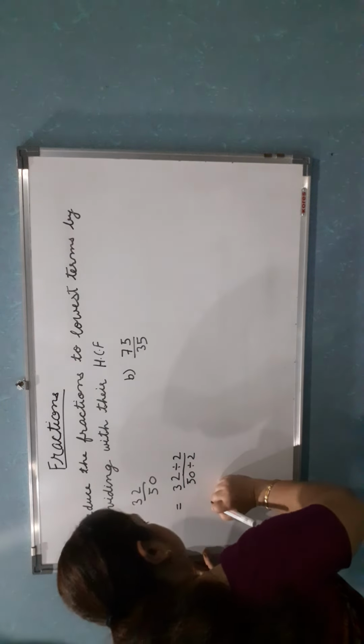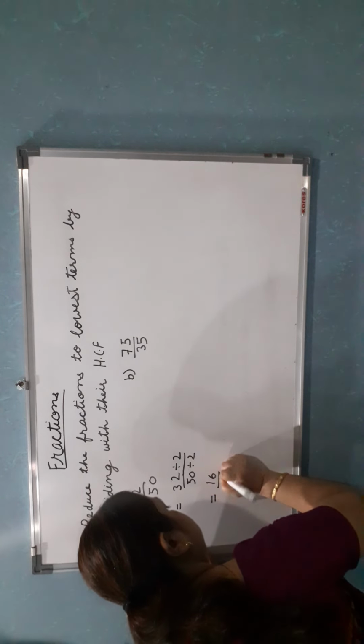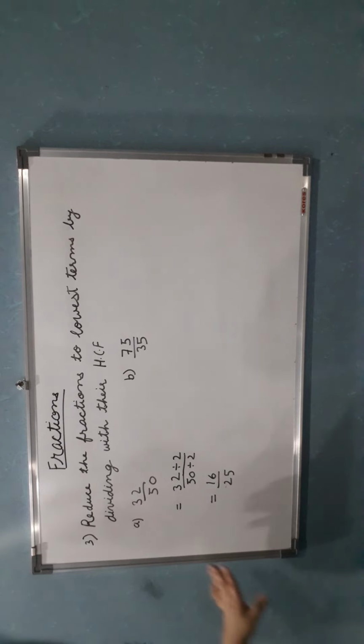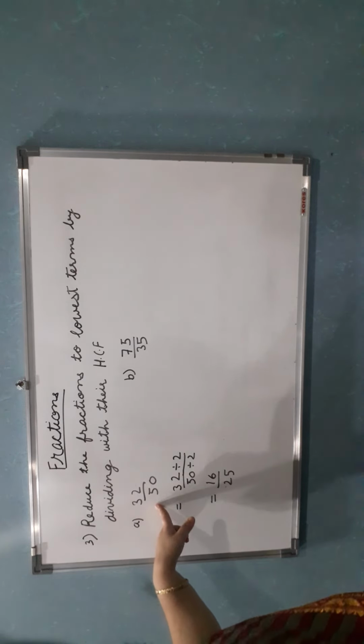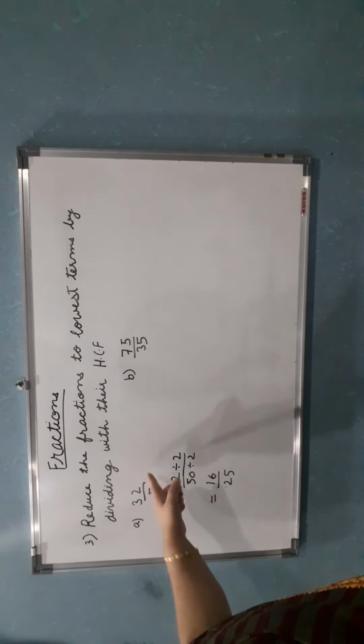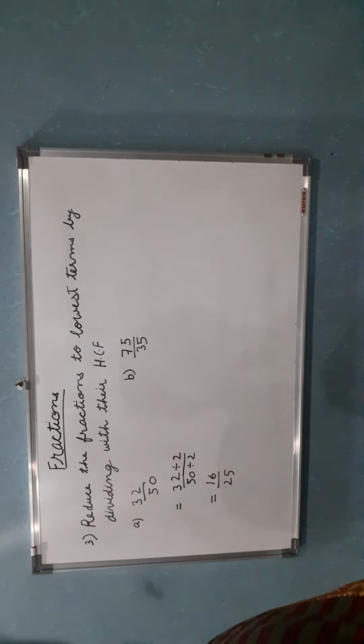The answer will be 16 by 25. So HCF of 32 and 50 is 2. You divide numerator and denominator by the HCF: 2 16s are 32 and 2 25s are 50.